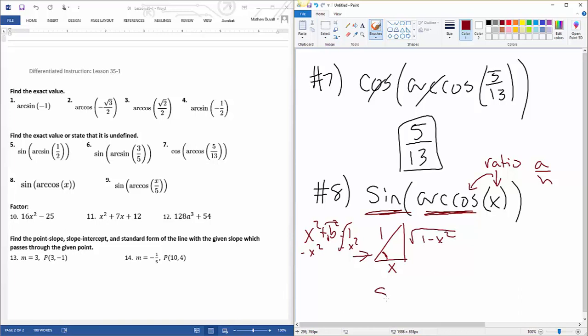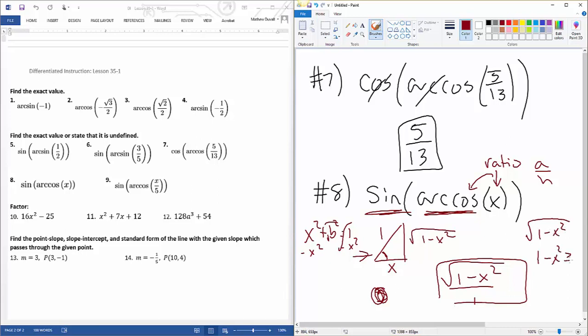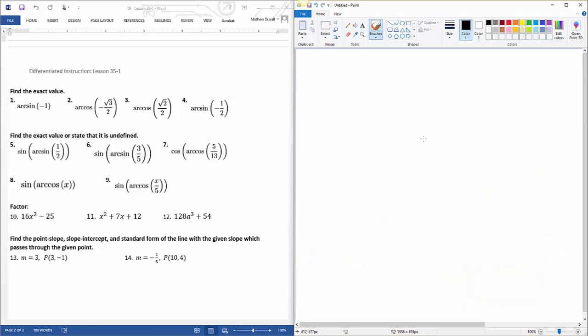So the sine of this would be opposite over hypotenuse, and that's going to be my answer. Now we do have to be careful of the domain. So we do have to reference the idea that within the square root of 1 minus x², that still has to be greater than or equal to 0. So just something to be aware of.